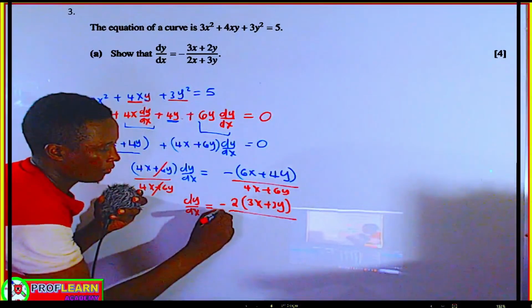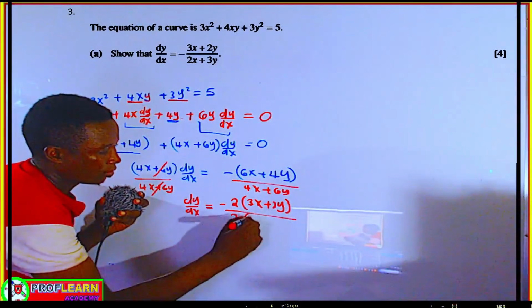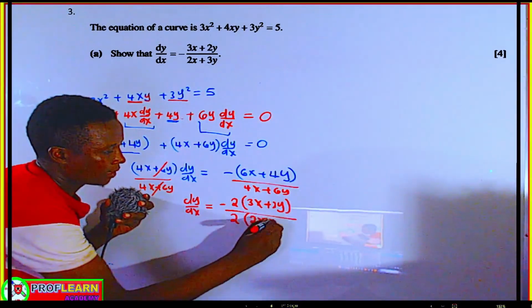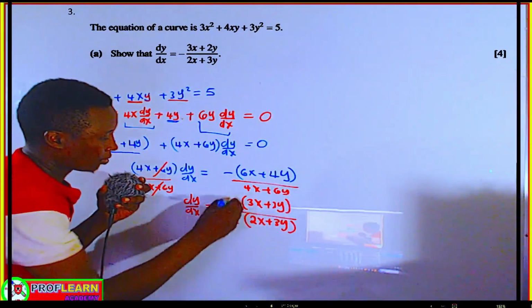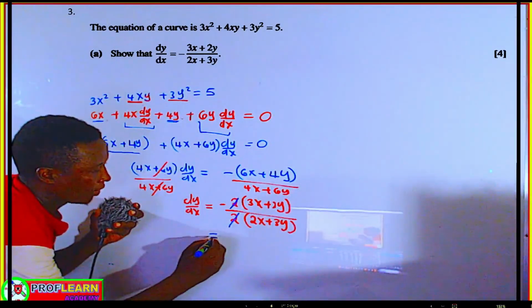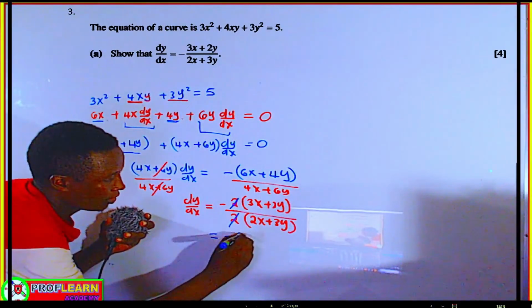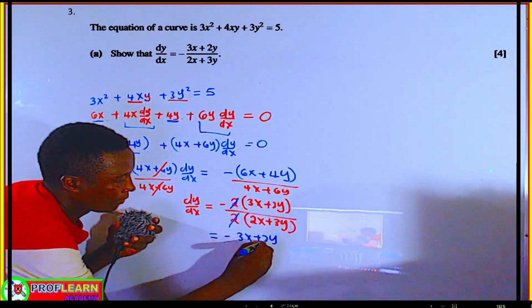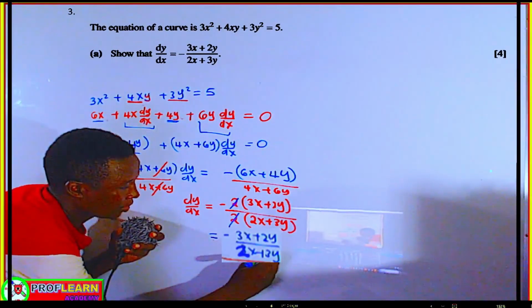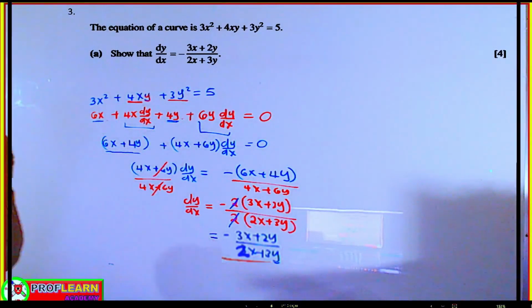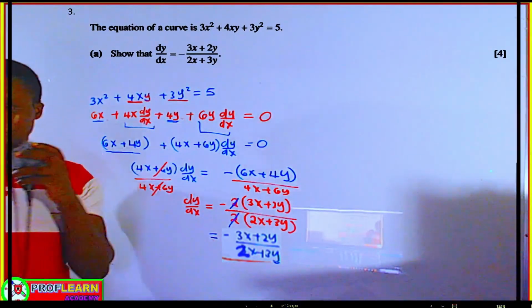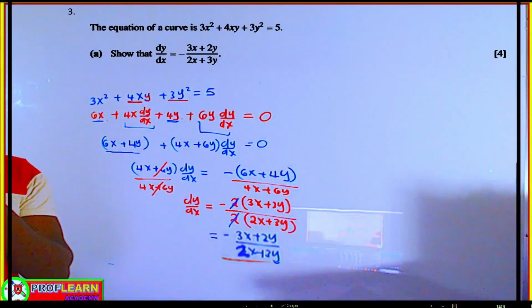And on this point, we factor out 2, we're going to remain with 2x plus 3y. And we can cancel this out. And our final answer becomes negative (3x plus 2y) over (2x plus 3y). So this is the expression that we were supposed to show as per this particular question.